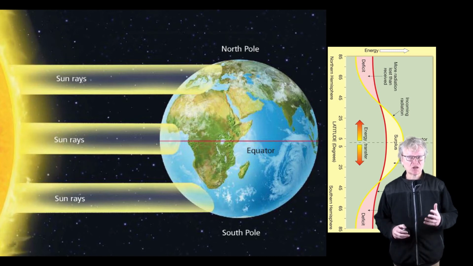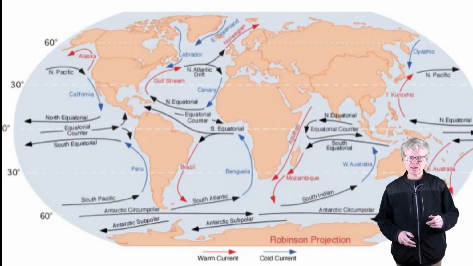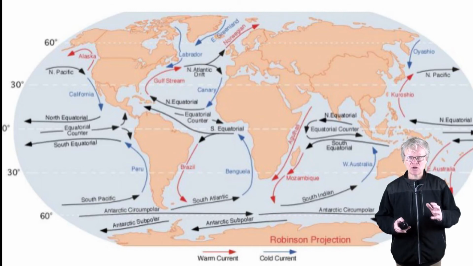Remember that water has a much higher specific heat capacity, so it's able to transfer energy from one part of the Earth to the other. If you have a look at these ocean currents closely, you can see that the warm ocean currents are heading towards the poles, and the cold ocean currents are heading away from the poles. And so that mixing helps to balance out the Earth's temperature regime or Earth's energy budget.